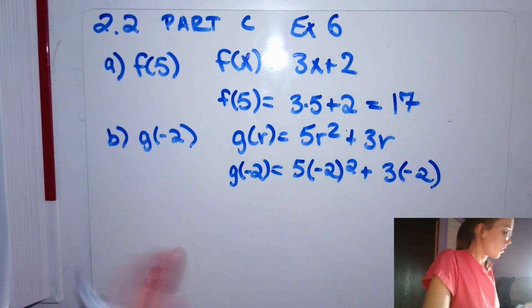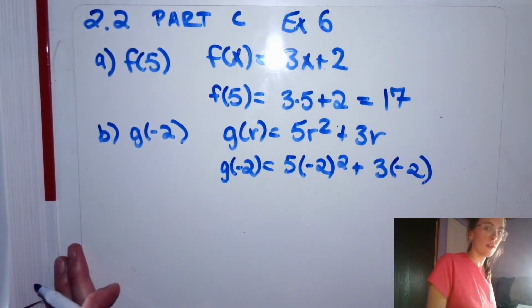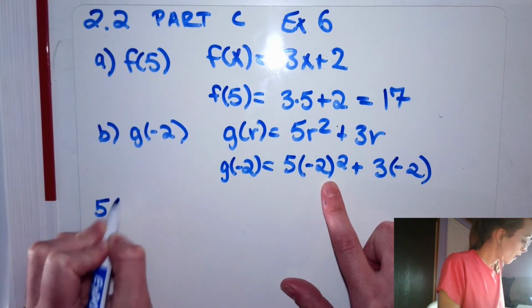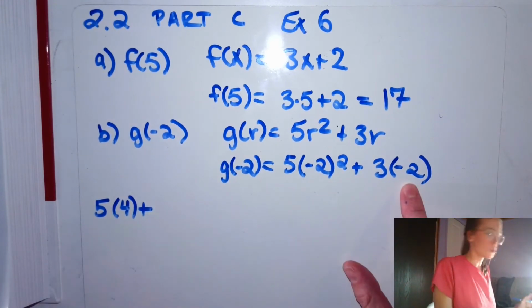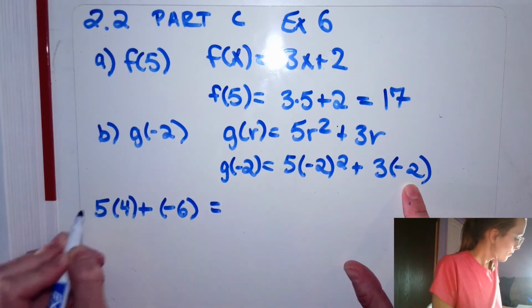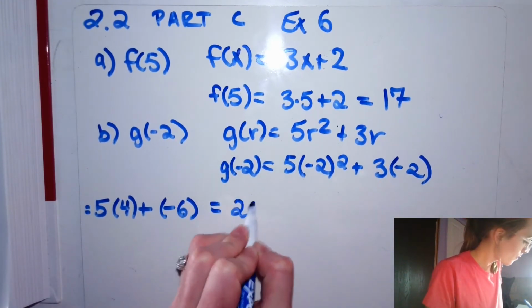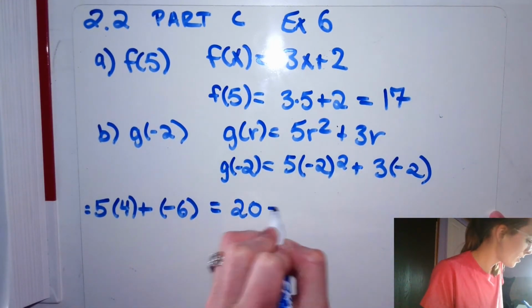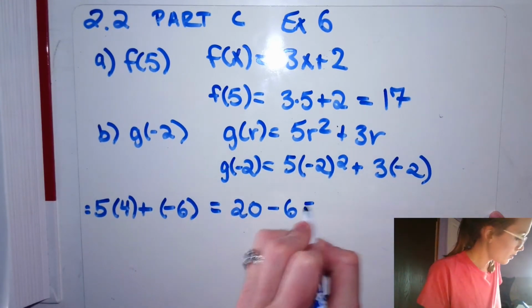Now we'll do this multiplication and addition. Negative 2 squared is 4. So we've got 5 times 4 plus 3 times negative 2, which is negative 6. 5 times 4 is 20, and then plus negative 6 is the same as minus 6. So 20 minus 6 is just 14.